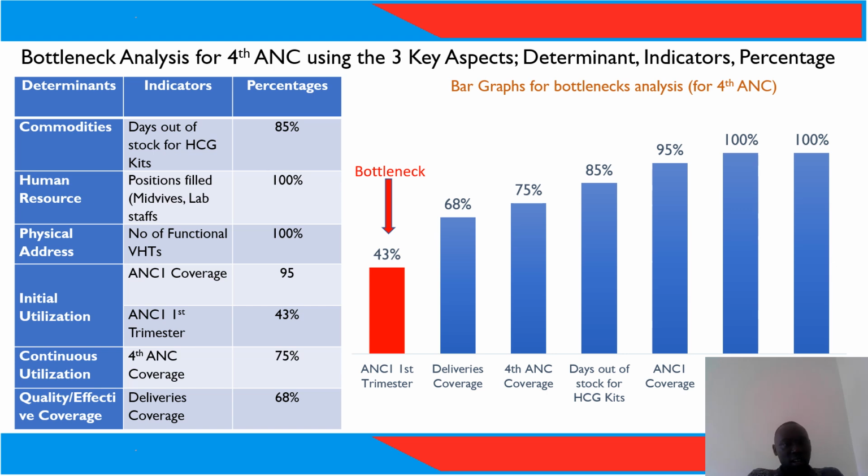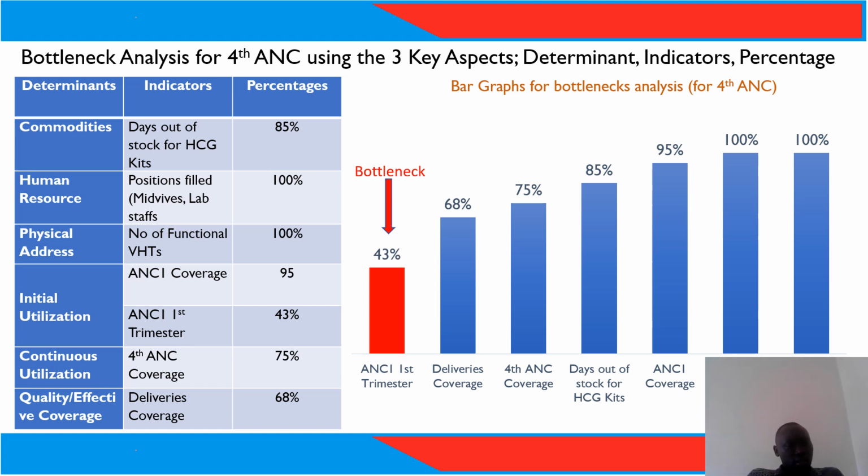It means we have 100% positions filled, specifically to manage this. So all the staff are available. That's under human resource, so it's 100%. That disqualifies it from being a problem or even a bottleneck.